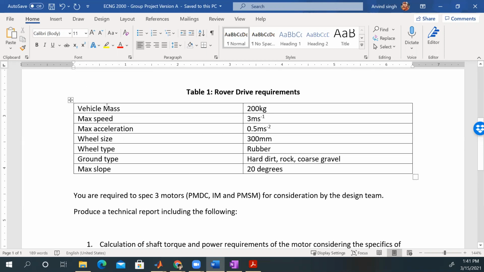You're given the vehicle mass, the max speed, the max acceleration, wheel size, wheel type, ground type, maximum slope. And you have to basically spec out 3 motors: a permanent magnet DC motor, an induction motor, and a permanent magnet synchronous motor, to be considered by the design team to meet these requirements, right?